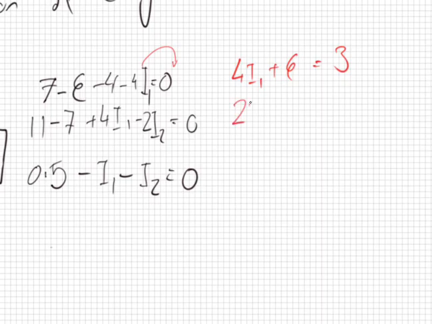So 2I1 minus I2 minus 2. When I simplify this, I kept the I1 and the I2 on the left, and then I took these to the other side, it became minus. And then divide everything by 2. And then this last one here, I1 plus I2 equals 0.5.